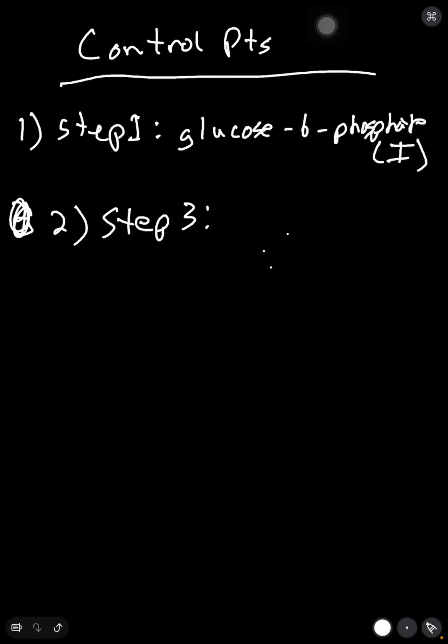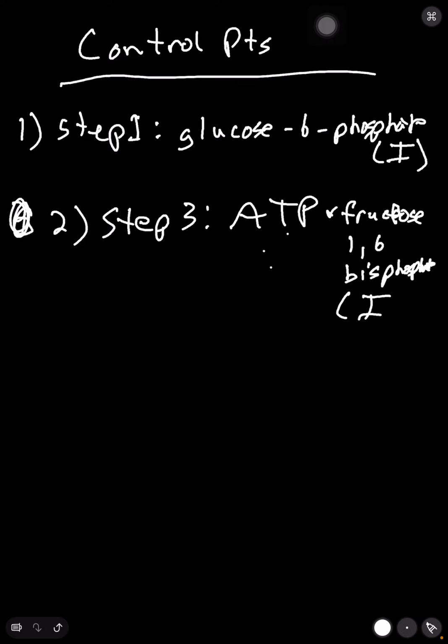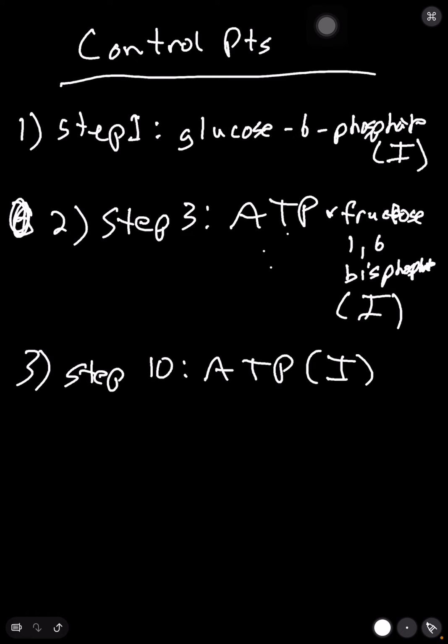Step 3 is inhibited by ATP and fructose 1,6-bisphosphate. Sorry, ran out of room there. And step 10 is inhibited by ATP. These are important control points, so you should make sure to be familiar with these.